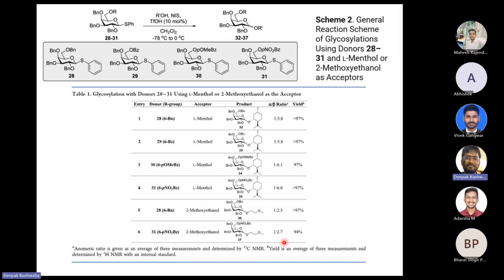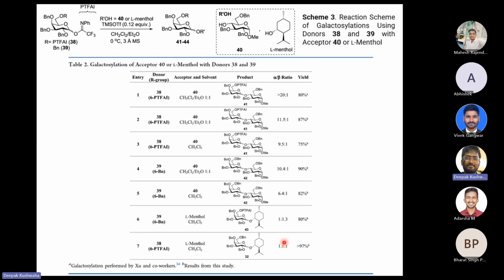So next, they again claimed that they have observed from the literature that various reports are there where people are using this modified trifluoroacetimidate donor, and in that case people are getting some different selectivity. So what they have planned is to use the same protecting groups at the C6 position also, and check whether this can have some role.